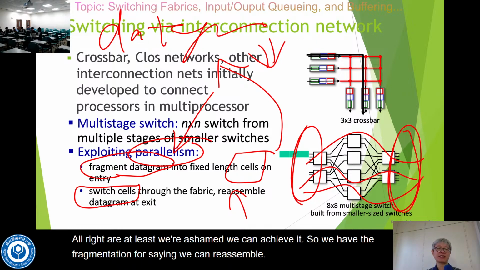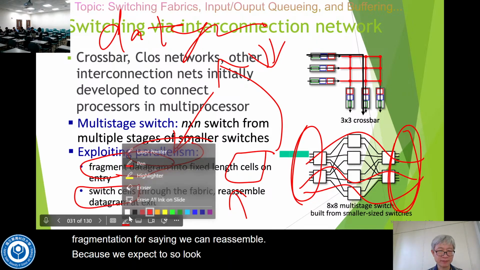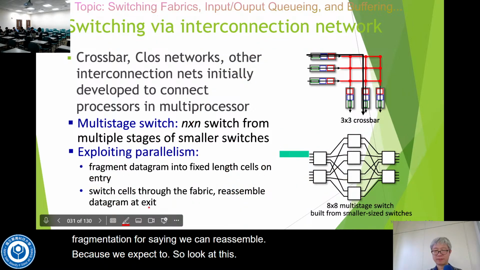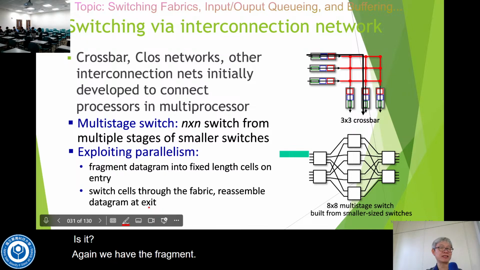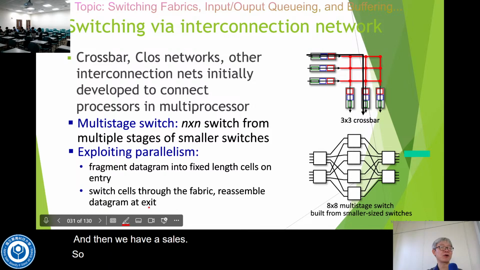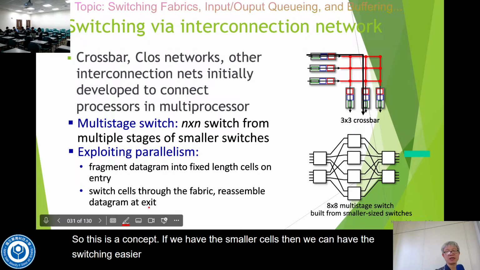So look at this. You see? Again, we have the fragment, and then we have cells. So this is the concept. If we have smaller cells, then we can have the switching easier.